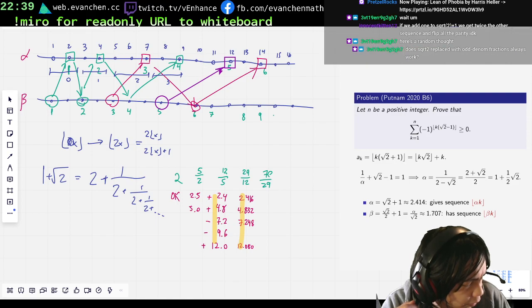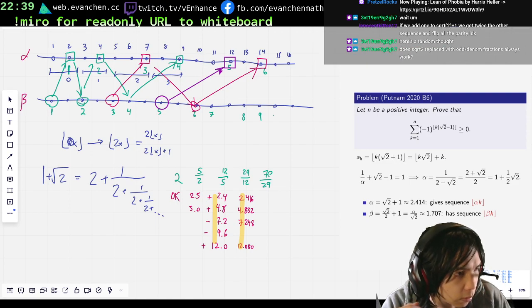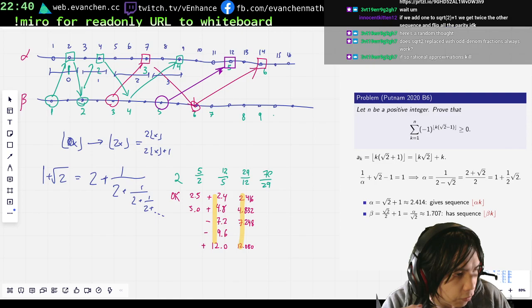If we add 1 to square root 2 plus 1, then we flip all the parity.